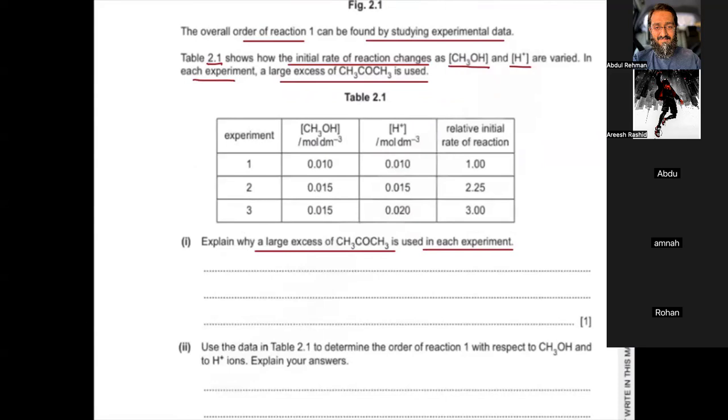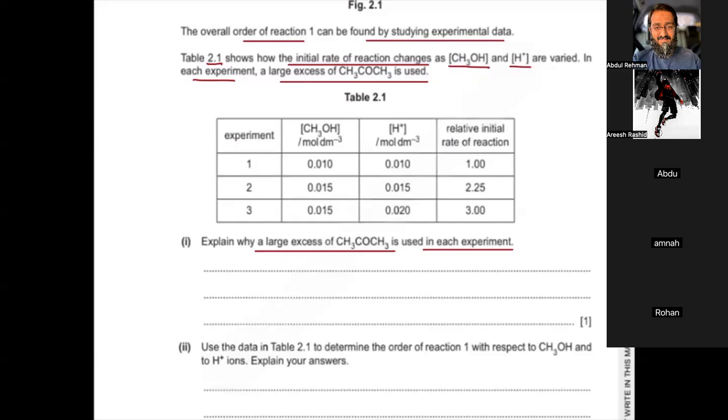Yes, very good, Shazil. Because if it's in a large excess, so if it reacts, the change of the concentration of propanone that has been used up is actually not significant. The amount of the propanone as it's being used is not significant.